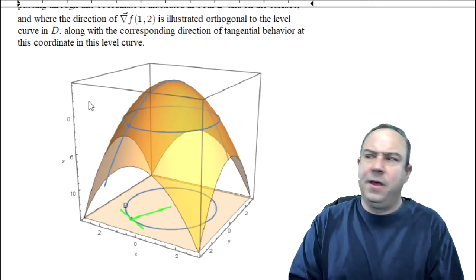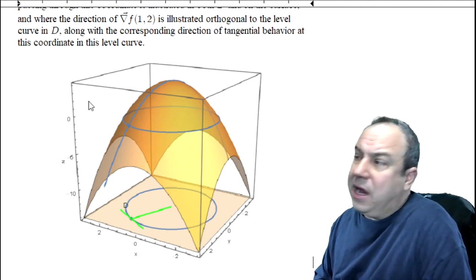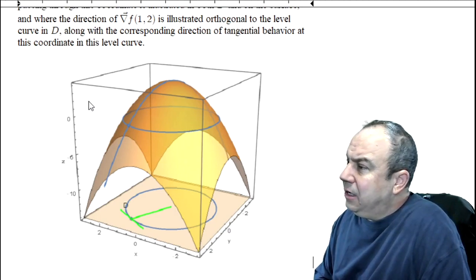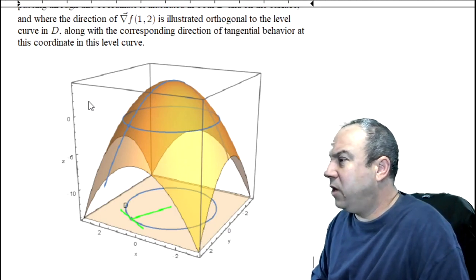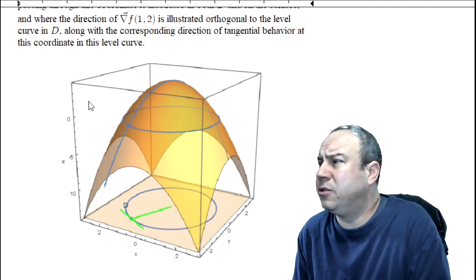All right. But folks, that is it. That is what I want to put together for you on the gradient. We are going to use the gradient in the next set of notes I have for you that also falls into this section of material, and that is looking at the directional derivative.